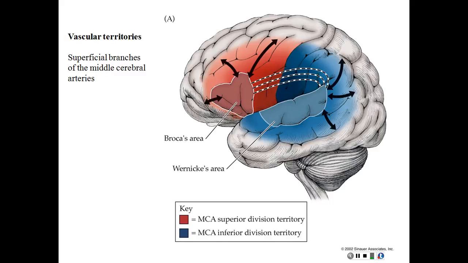But if the lesion's just a bit more extensive, right, it may creep into Broca's area. But a massive stroke of the middle cerebral artery could affect Broca's, Wernicke's, you have motor, somatosensory deficits, right? So clearly, middle cerebral on the dominant hemisphere is actually very, very important.